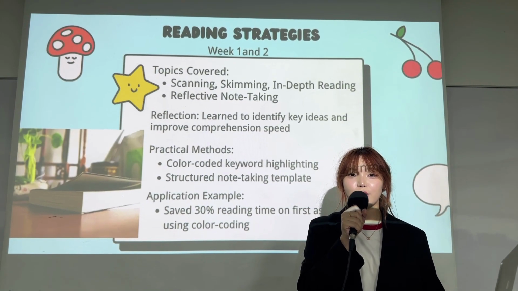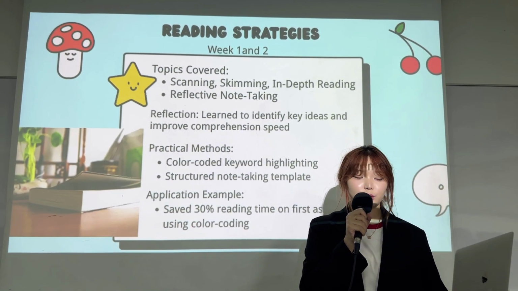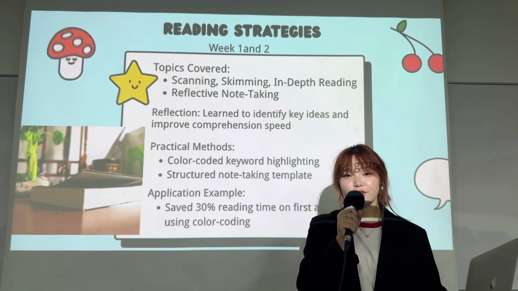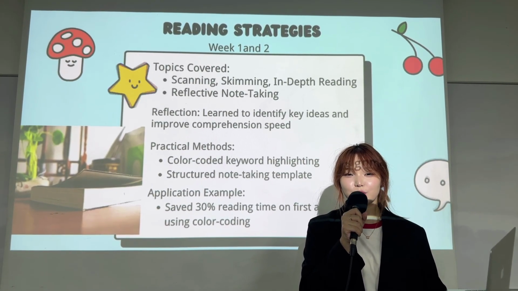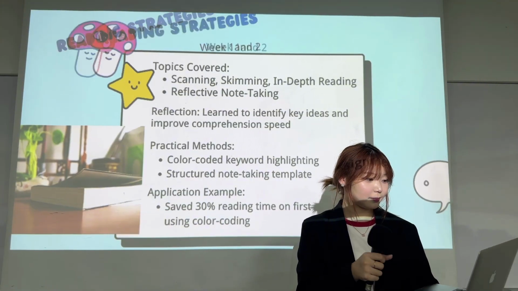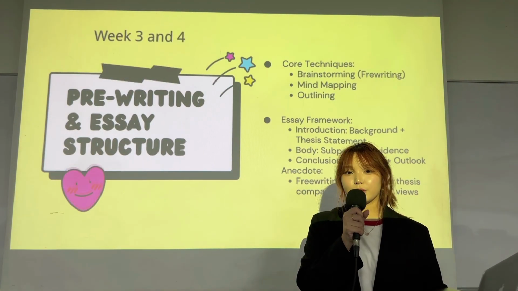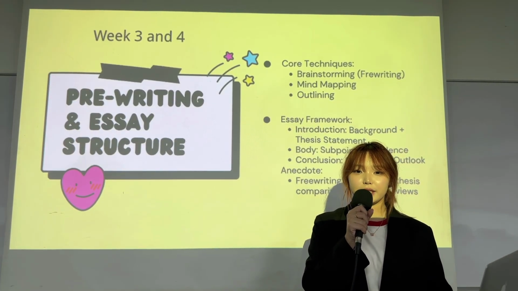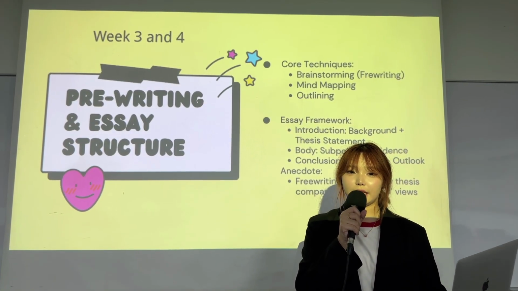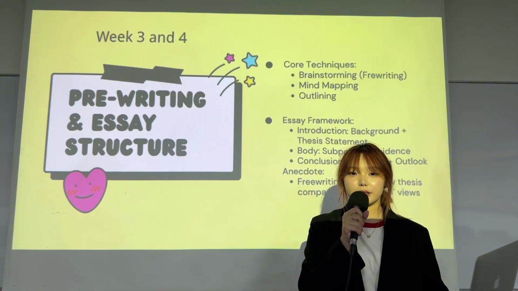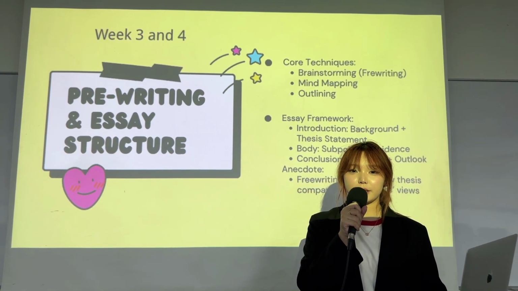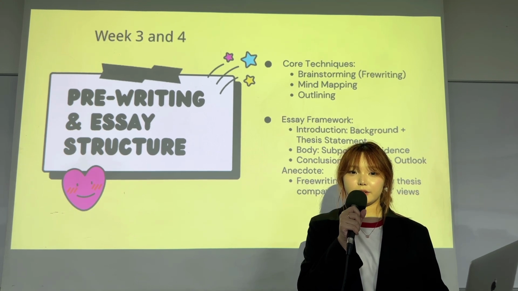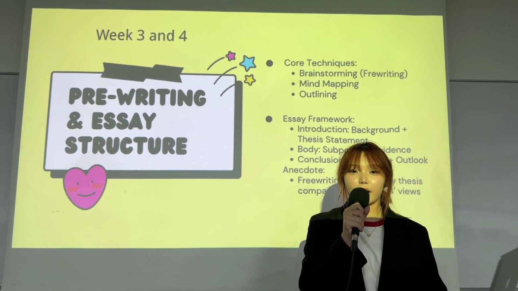Having boosted my reading efficiency, let's move to weeks 3 to 4, where pre-writing frameworks took center stage. In weeks 3 and 4, we practiced brainstorming, pre-writing, mapping, and outlining. I used MindMaster software to create a mind map centered on my central argument, surrounded by 4 sub-arguments.